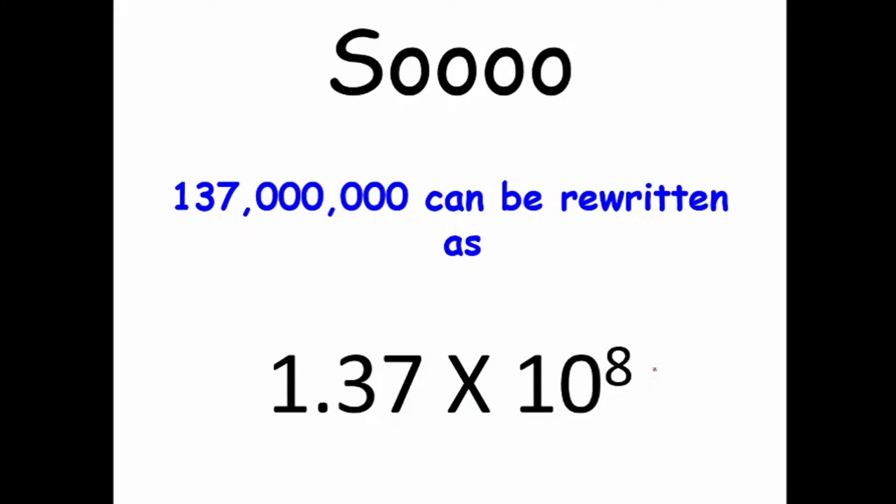Saan nanggaling yung 8? Meron tayong invisible decimal point dito. Okay, so bilangin natin, we need to move the decimal point papunta dun in this portion. Kasi nga yung rules natin, dapat yung nandito lang is higher than 1 and need to be less than 10.